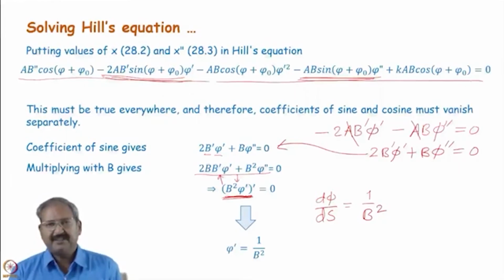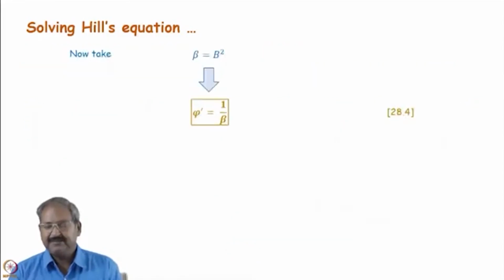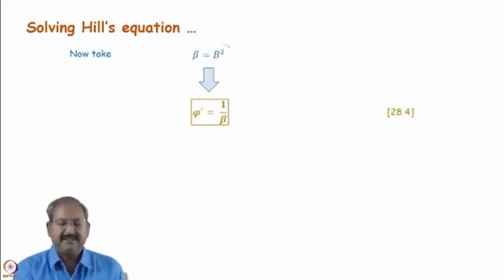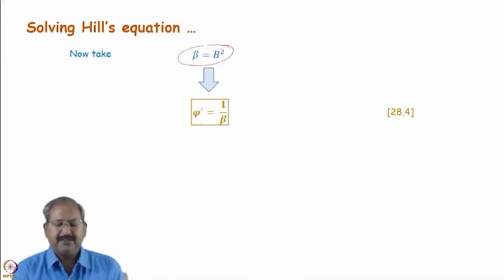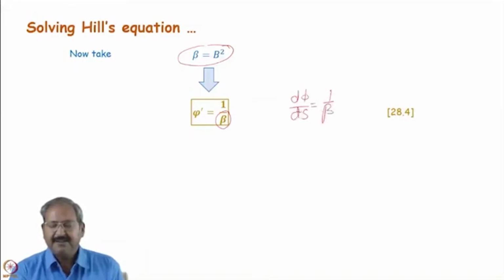So instead of b square, I replace b square by beta. So phi prime is 1 by beta. So we have a simple relationship and simple interpretation of this beta. d phi by ds is equal to 1 by beta.